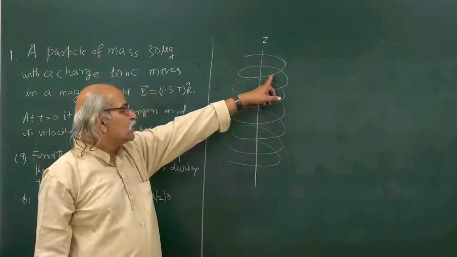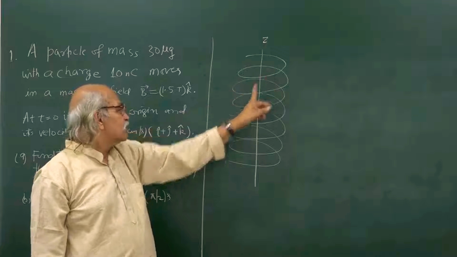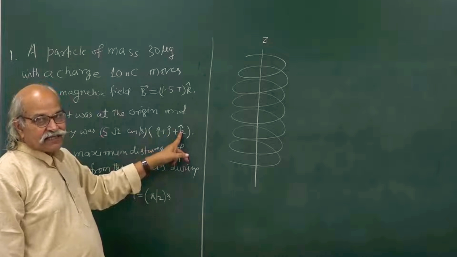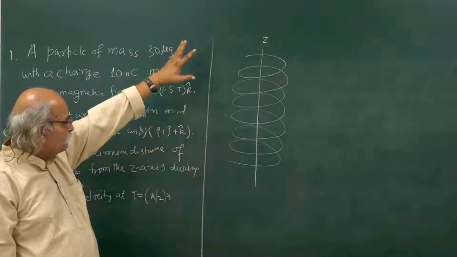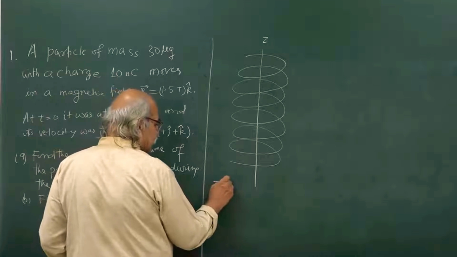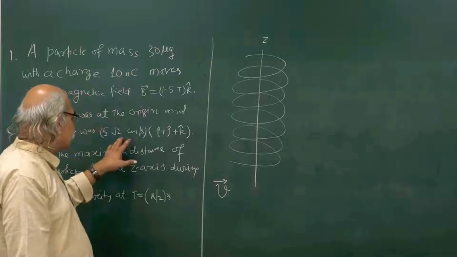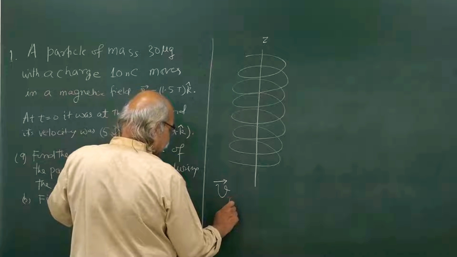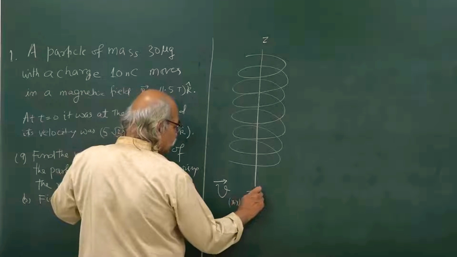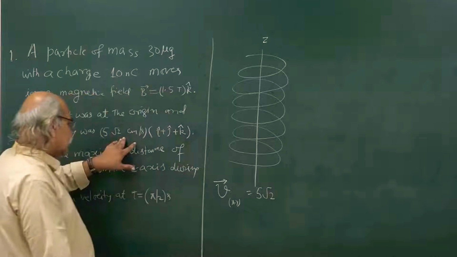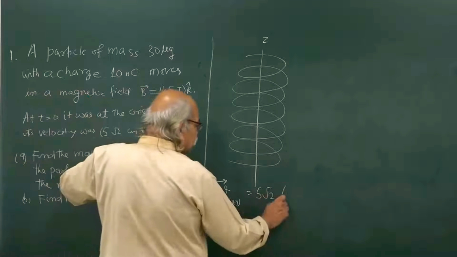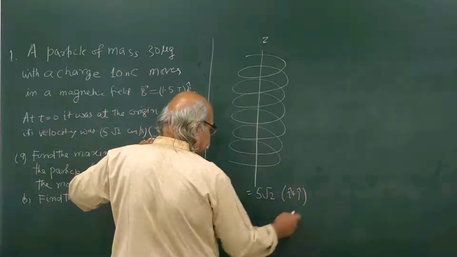At any point its velocity has a z component, and that z component is 5 root 2 centimeter per second, with which it is going up. Then the perpendicular velocity which is taking it in a circle in the xy plane is 5 root 2 (i cap plus j cap). We will do the work in centimeters and seconds.